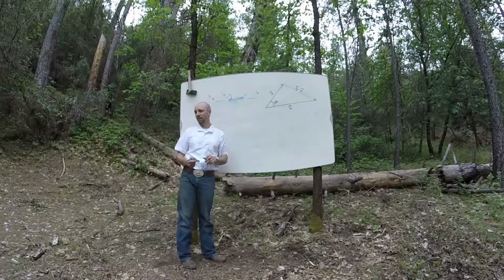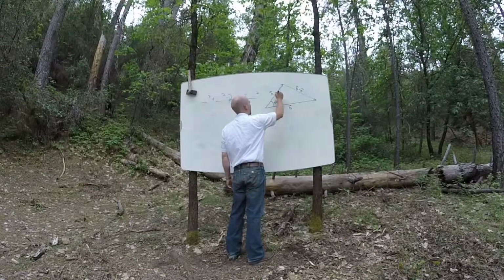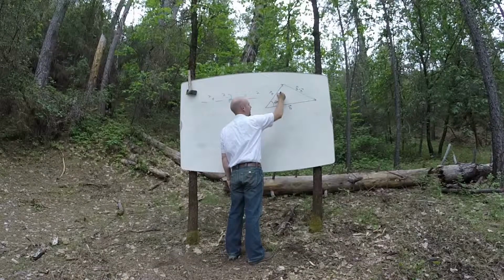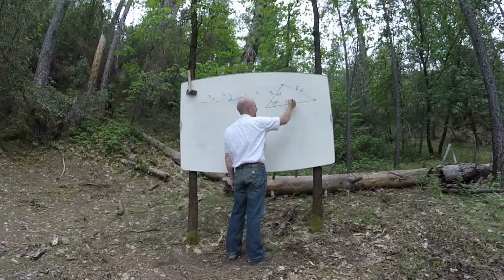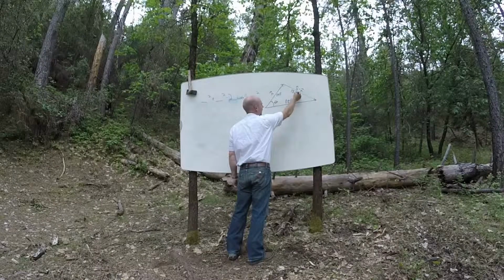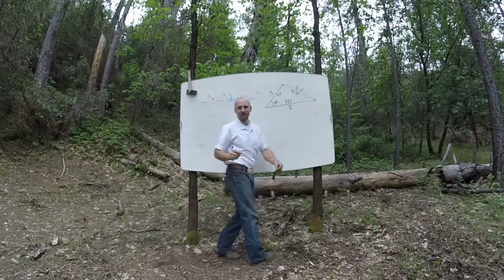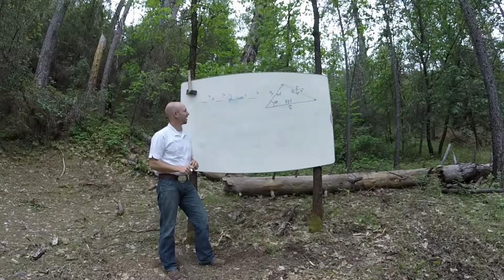So what are the lengths that go with these? Magnitudes. This vector here is magnitude A long. This vector here is magnitude B long. This vector here is magnitude B minus A long, right? Okay, now how do those pieces fit in here?